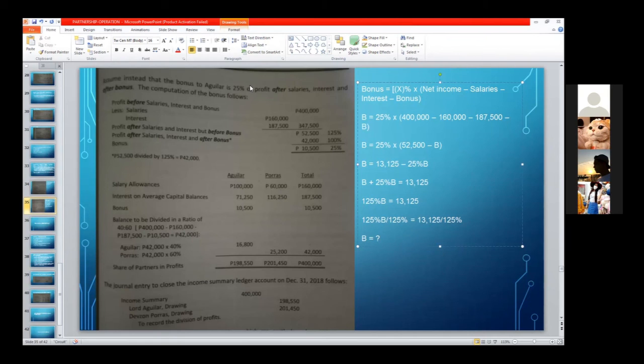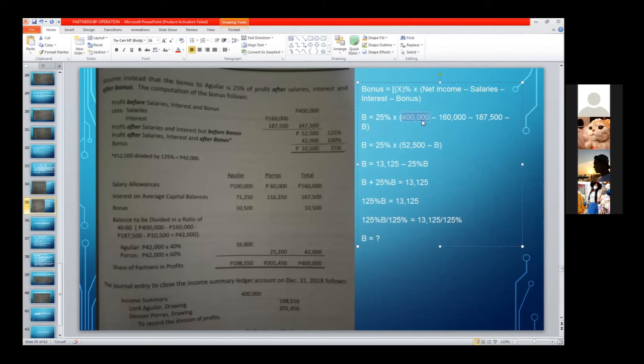Anong sagot ninyo? Yun. So, 10,500. So, follow nyo lang tong steps na ginawa ko. Substitute nyo lang yung mga info dito, yung amount nila.